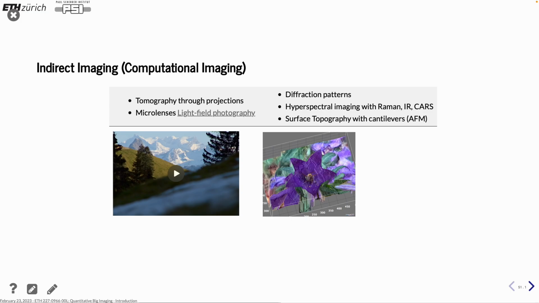It's actually quite fun, because there in the computational step you can actually compute the depth of field within this movie. I'm not showing the movie now, but you can click on it if you like. Or it can also be surface topography. So here we have a little needle that goes over the sample and measures how deep it goes, and that gives us the image.